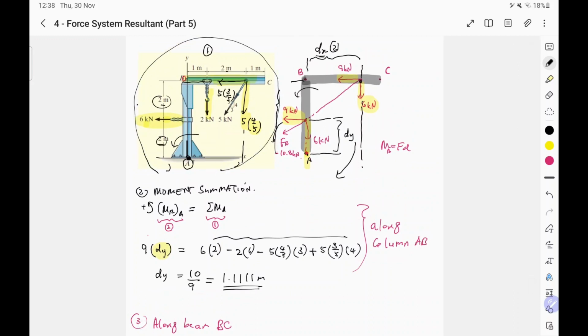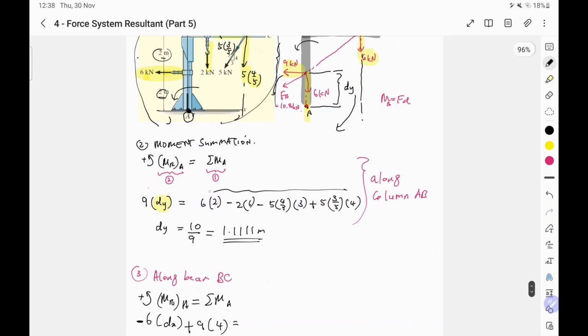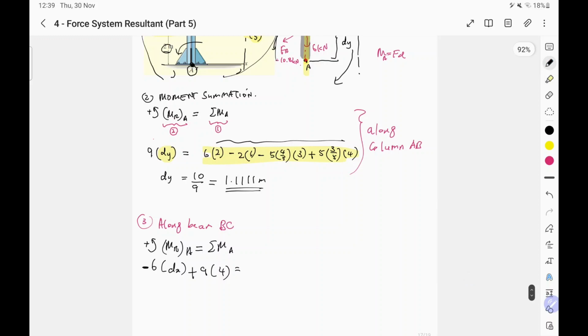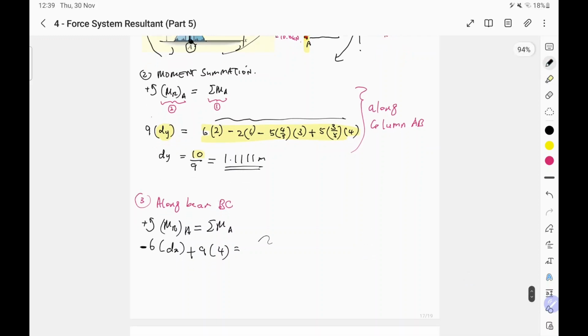What you do here is you already calculated this above, so I will just use the same thing, the same magnitude, which is 6 times 2 minus 2 times 6, actually the same thing, 5 times 4/3 times 3, because it is moment relative to point A. The rotation point is at point A, so it's actually the same thing.